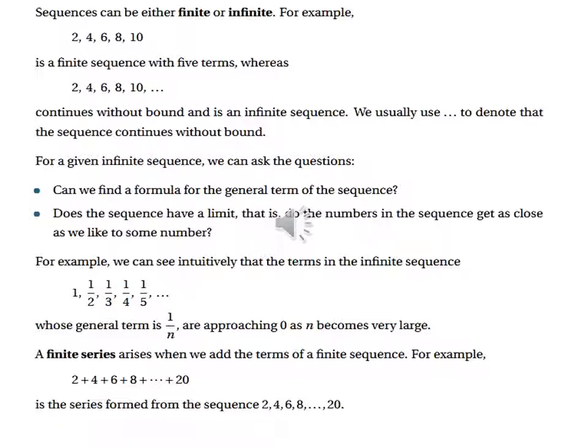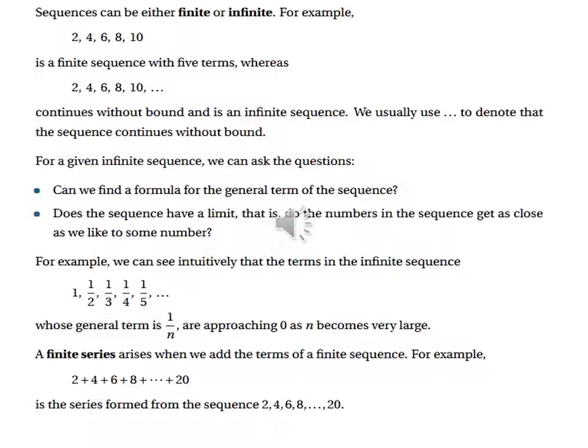If the series is formed from the sequence of odd numbers, we can spot an interesting pattern in this series. The sum of the first two terms is 4, the sum of the first three terms is 9, and the sum of the first four terms is 16. So we guess that in general the sum of the first n terms is n to the power 2.